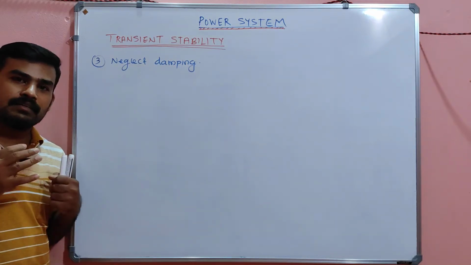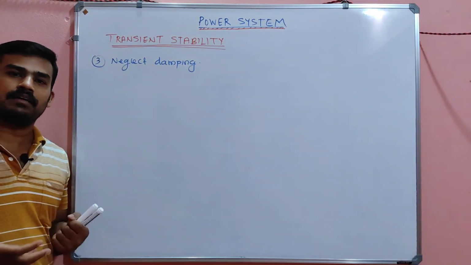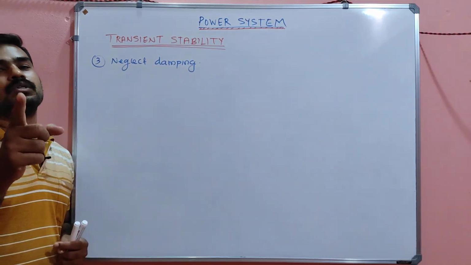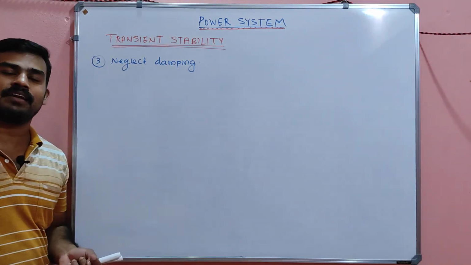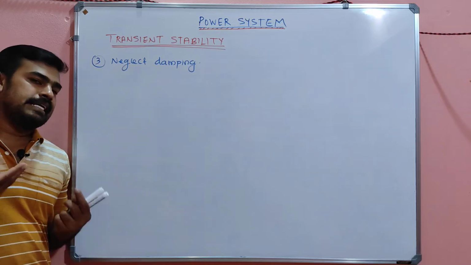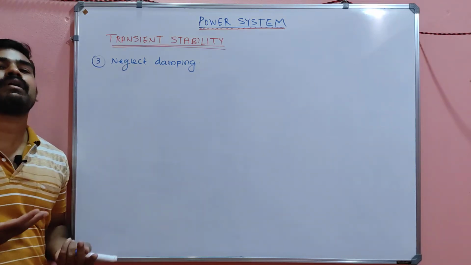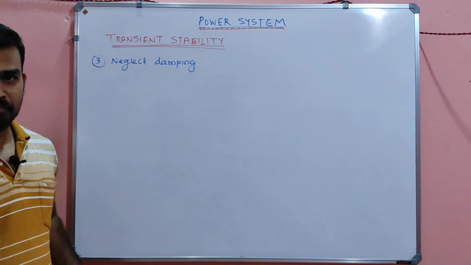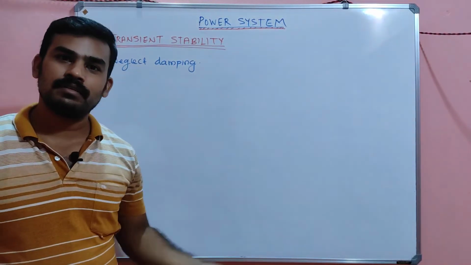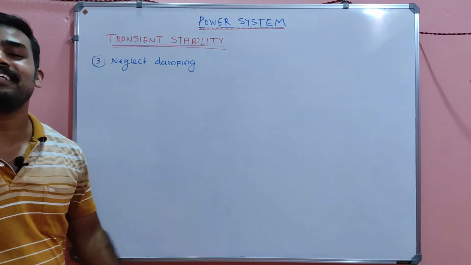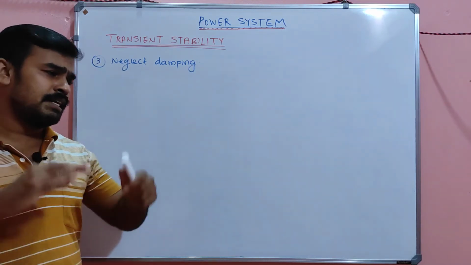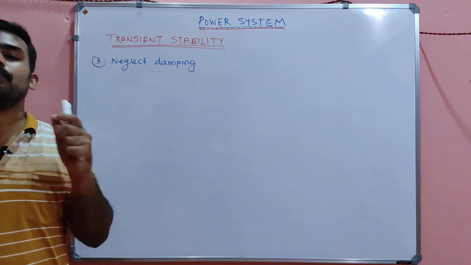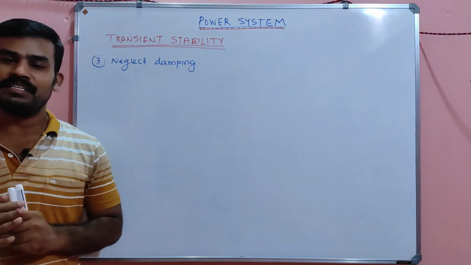Oscillation is actually a disturbance. If we are using dampers, then how can we analyze the system in the worst manner? Because dampers are there to suppress it, it actually helps the stability. So whatever factor helps the stability of the system, we should avoid for the analysis of transient stability.